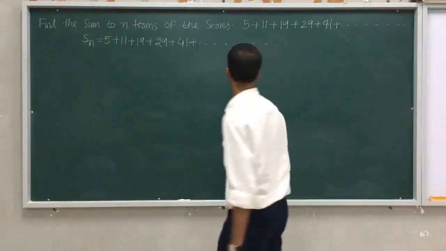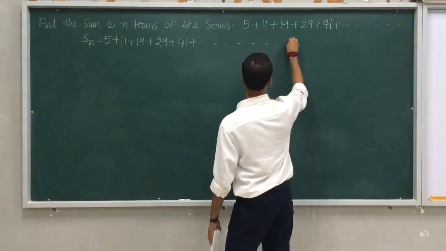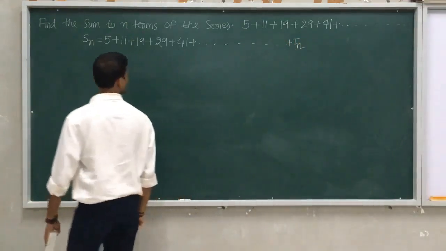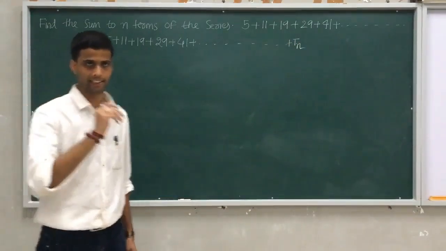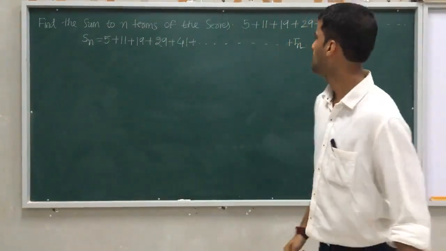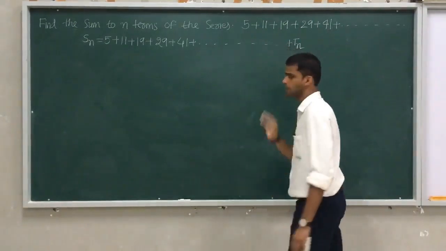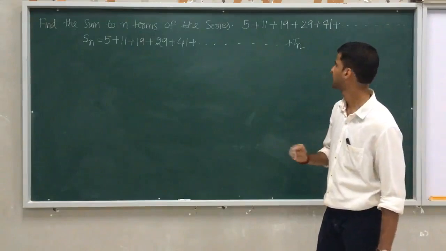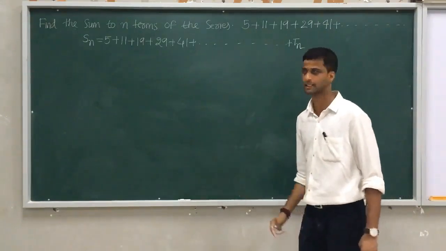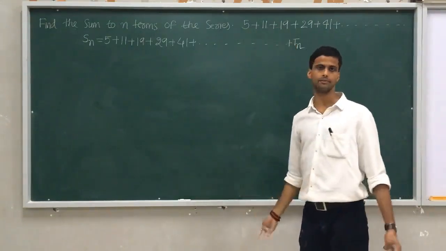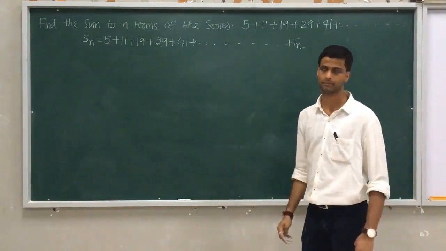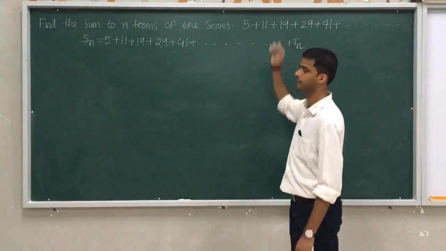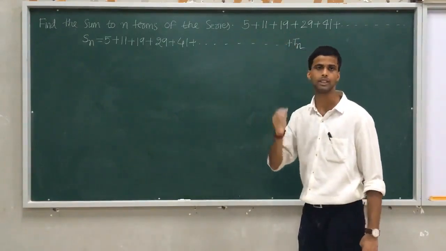Let me write this as Tn now, because they expected Sn, the sum to n terms. But if you observe this series carefully, it is neither AP nor GP. 11 minus 5 is 6, 19 minus 11 is 8, so the gap is different. 11 by 5 and 19 by 11 are something in decimals, which are not coincident.